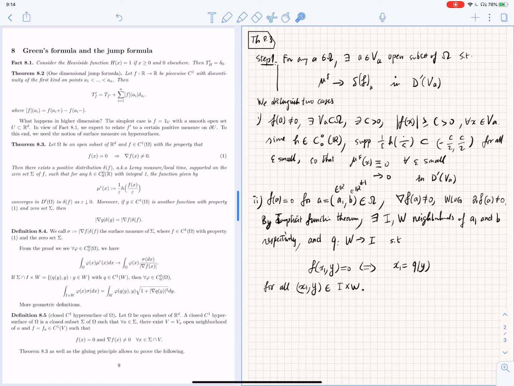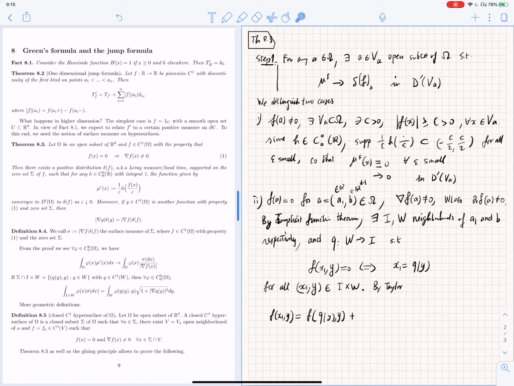Okay, so the point is that now we can have an expression for the function f(x1, y) by using Taylor expansion. Let me just use first order Taylor. So f of (x1, y), we can write as f of (q of y, y) plus, since we do the expansion at the point q of y, and recall that if x1 is equal to q of y, then this term is equal to 0.